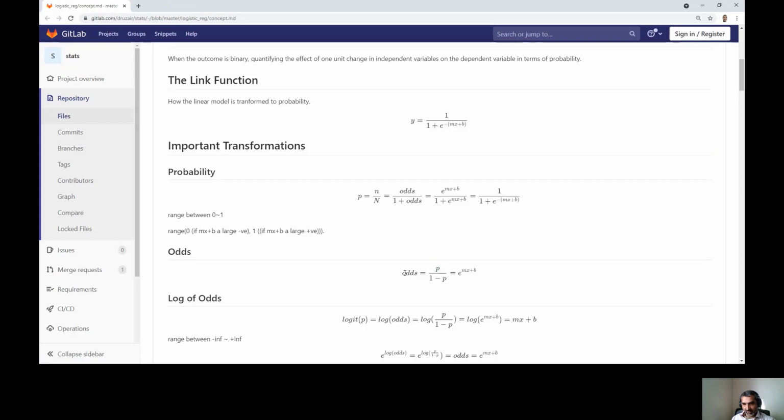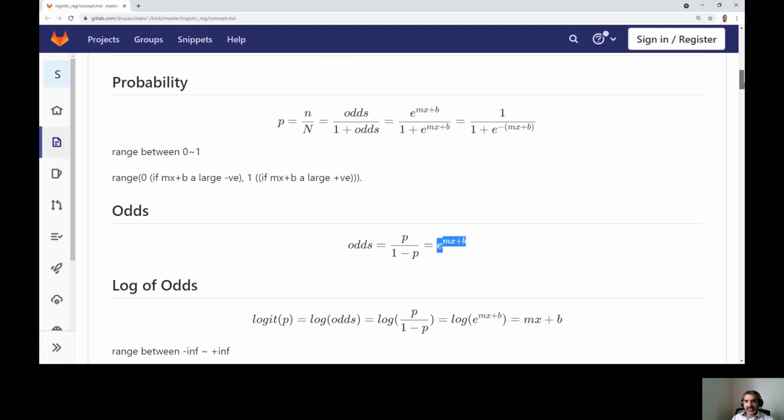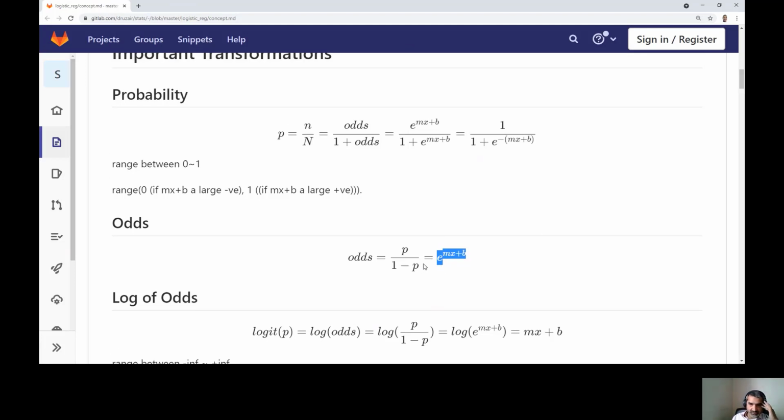That particular odds, P over 1 minus P, is actually e raised to power W transpose X. And we can get probability from odds: odds divided by 1 plus odds gives us the probability. If we expand it a little bit more, we get 1 over 1 plus e raised to power minus W transpose X.